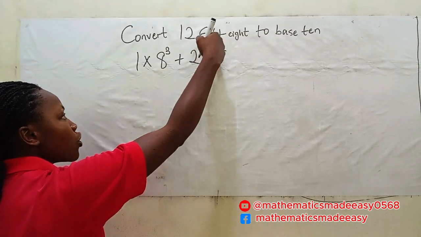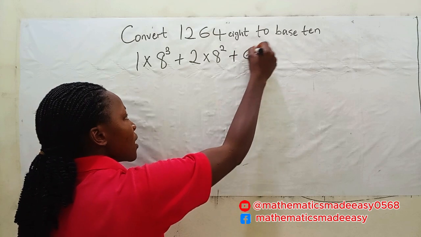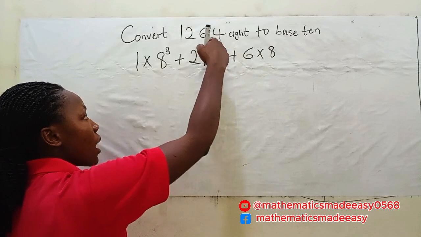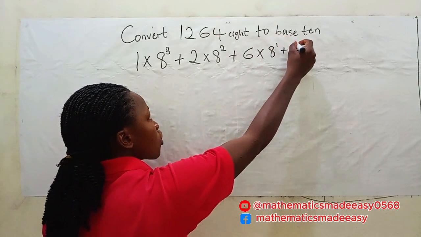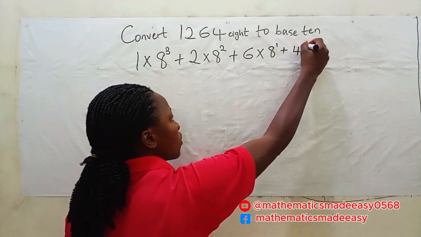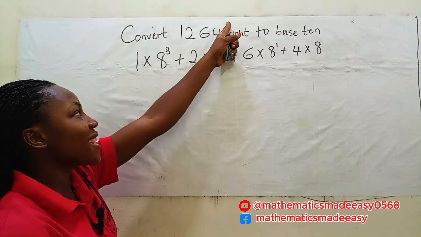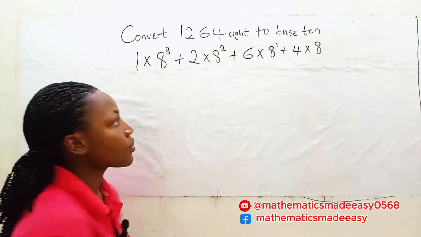Then you count 1, 2, plus 6 times 8 raised to power 1, plus 4 times 8 raised to power. Since there is nothing here, it's going to be raised to power 0.